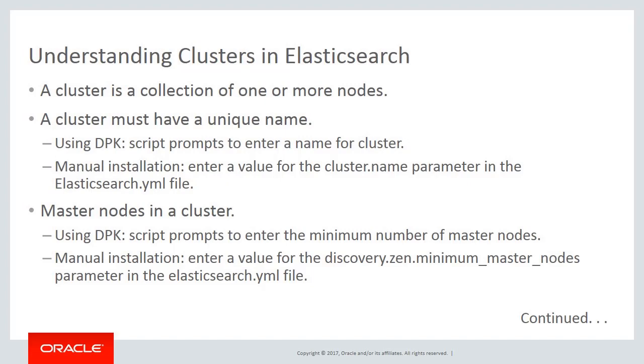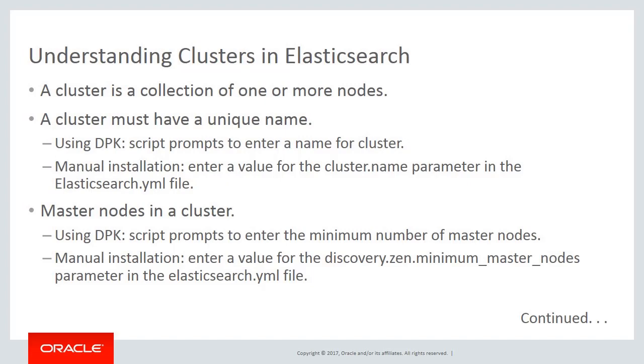When you install Elasticsearch using DPK, the script prompts for the name of the cluster. If you are installing Elasticsearch manually, you need to specify the cluster name in the cluster.name parameter in the Elasticsearch.yml file.